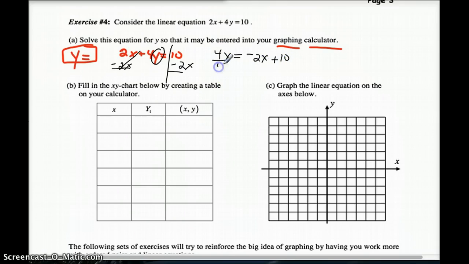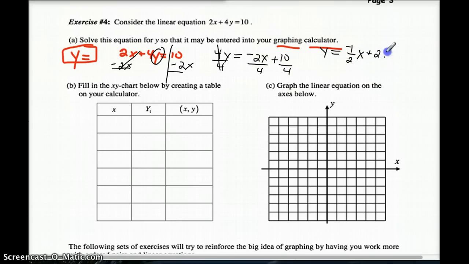I still have a 4 with the y, so that's going to have to get divided out. I do it everywhere so that I get y equals negative 2 over 4, which is equal to negative 1 over 2. 2 over 4 is the same as 1/2. Okay, that's x, and then I have 10 divided by 4.